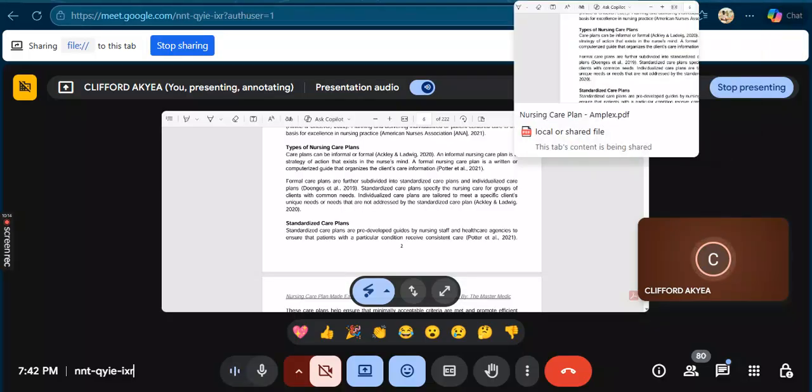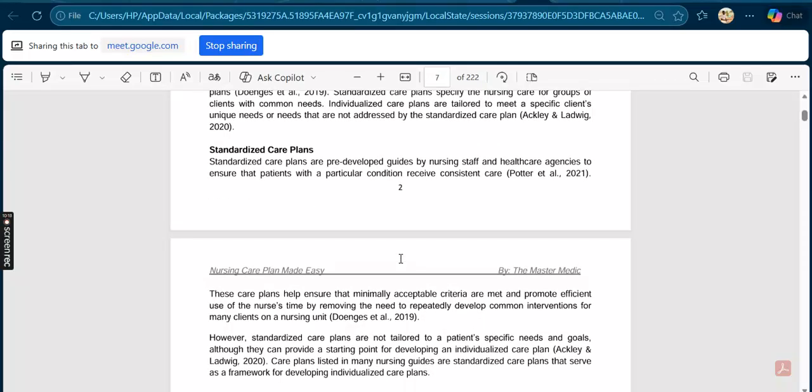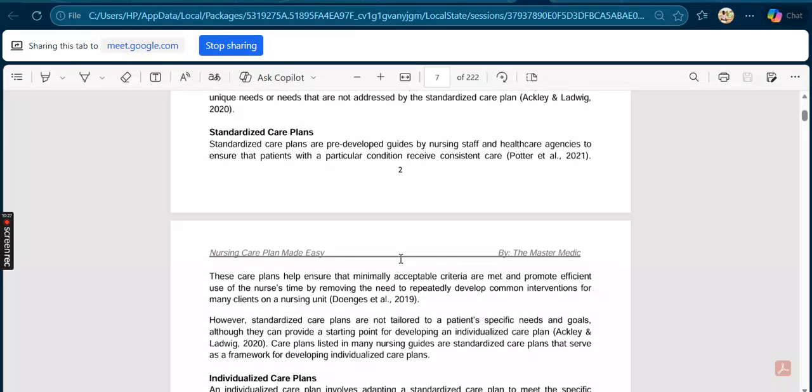Let's look at the standardized one. Standardized care plans are pre-developed guides by nursing staff and healthcare agencies to ensure that patients with a particular condition receive consistent care.